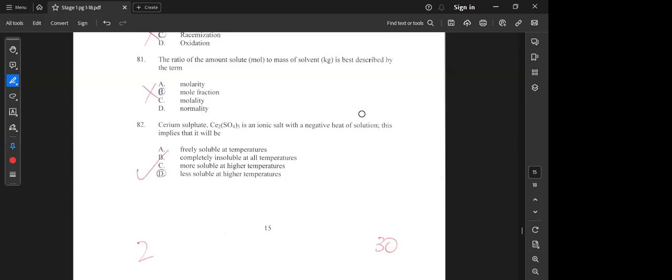However, in this case it's the reverse. Negative heat means it gives out heat, it's exothermic, so the heat is also a product of the reaction. If we add more heat, the products will be more than the reactants, so it will go backwards, making it less soluble. That makes sense.